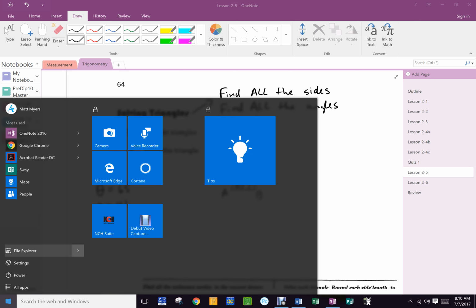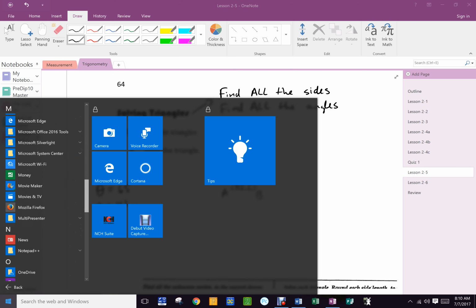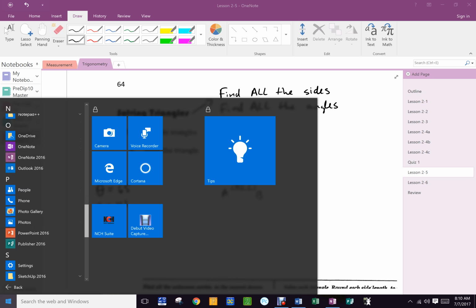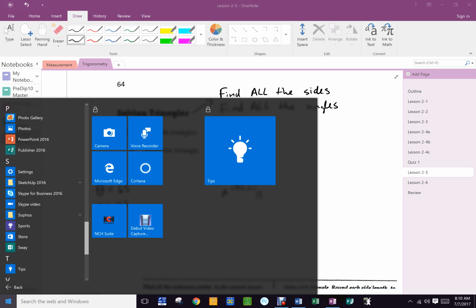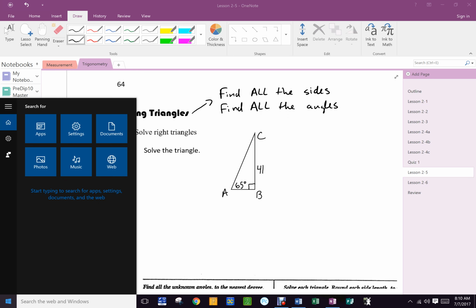So, one second, let me get my, where's that stupid app? It's gone. Give me 1 sec. That app that gives me the little red dot, I like that. I want it back.